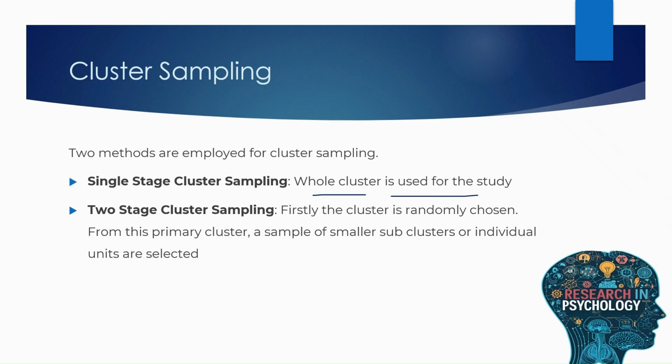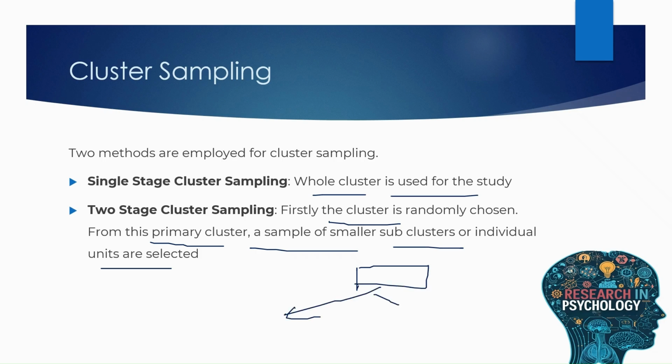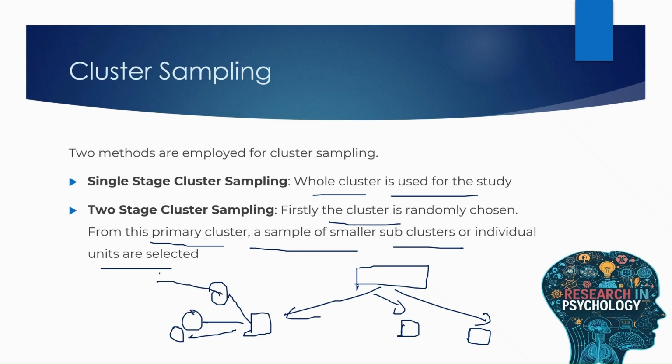Then there is two-stage cluster sampling, where first a cluster is randomly chosen, and from this primary cluster a sample of smaller subclusters or individual units is selected. We choose one cluster, divide it into smaller subclusters, choose another subcluster, and everyone in that subcluster participates in the study. So there are two stages of cluster sampling happening here.